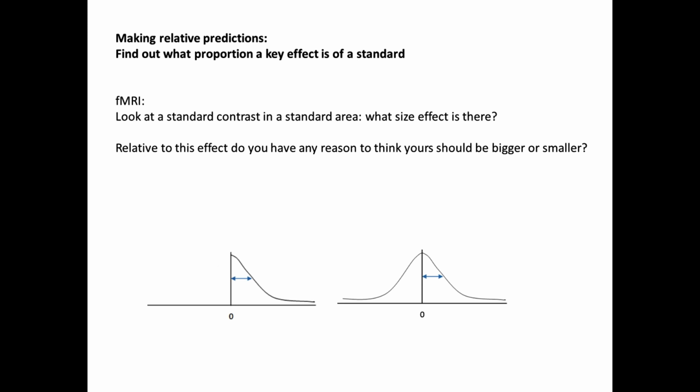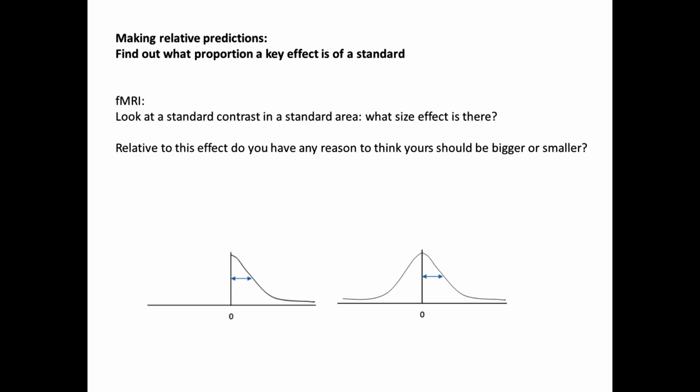So you say, well, here's something that I'm pretty sure gets an effect, and in this area with this particular contrast. And if you had some idea from previous literature that, given that area, this is hippocampus or something, well, in this area I expect about the same effect or half the size of effect or whatever it is, you can use the reference to set your predictions in a given case.